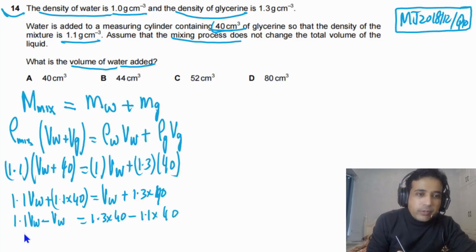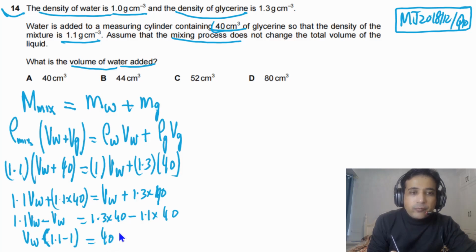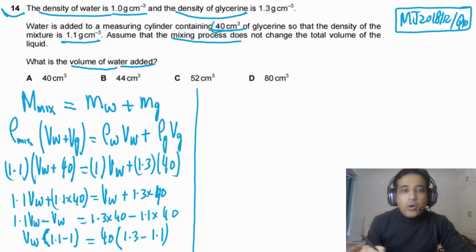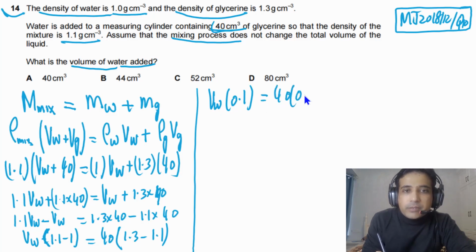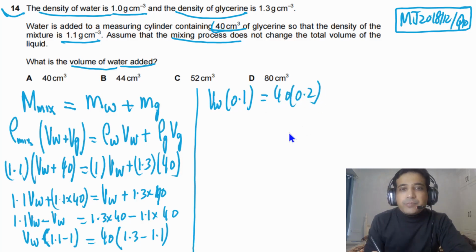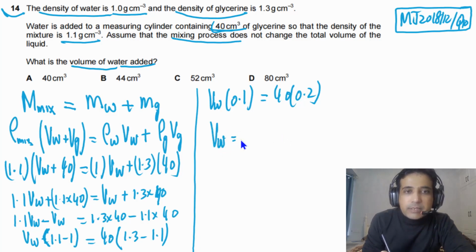So you will get VW times (1.1 minus 1), and here you can take 40 common, so you will get 1.3 minus 1.1. Now we can further simplify and find out the value of the volume of water. From the left side we have VW times 0.1, and from the right side we have 40 multiplied by 0.2. So VW in this case is simply 40 times 0.2 divided by 0.1.